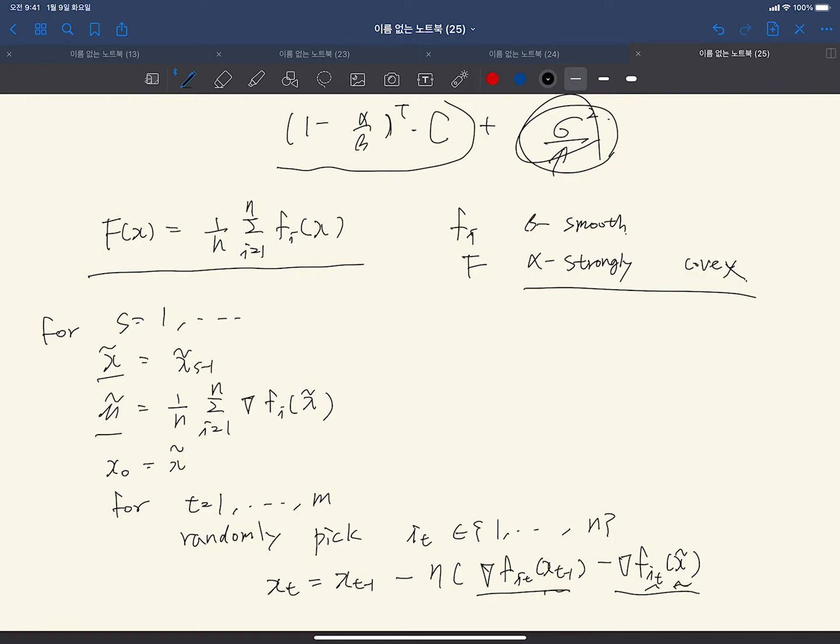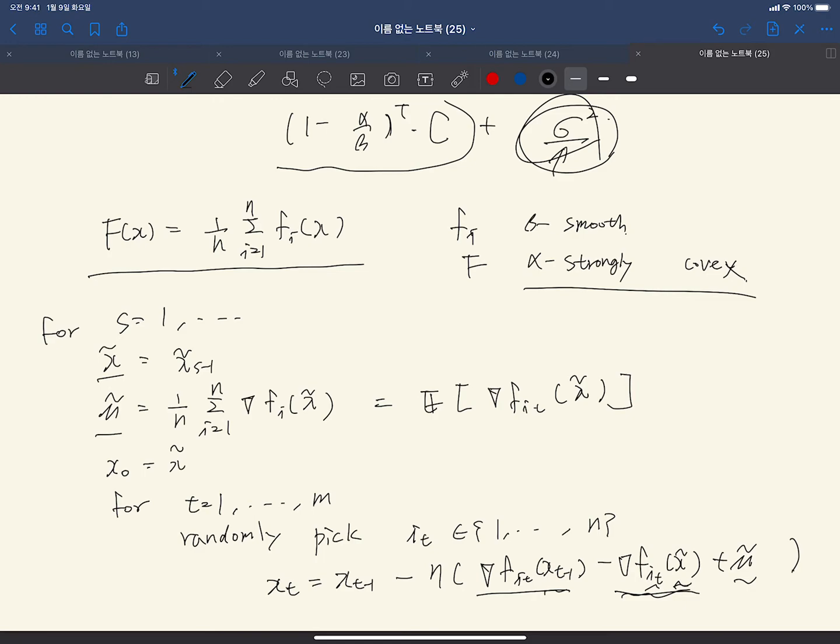Here we do not use xt minus 1, but instead we use x tilde. And to remove the bias due to this additional subtraction, we have to add mu tilde, that is equal to the expectation of the gradient of fit at x tilde.